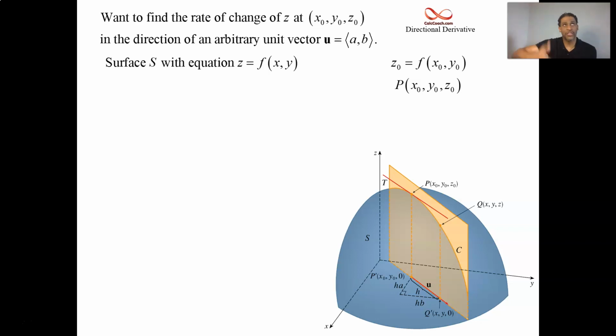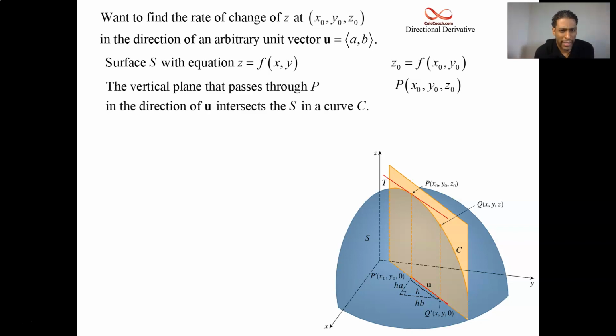Okay. So then just like with the x partial and the y partial, we slice with the plane in that direction. So we slice with the plane, and what happens then when you slice with the plane is your multivariable function becomes just basically a single variable function. So when you slice, we'll get a curve. That curve is labeled here as C. Okay.